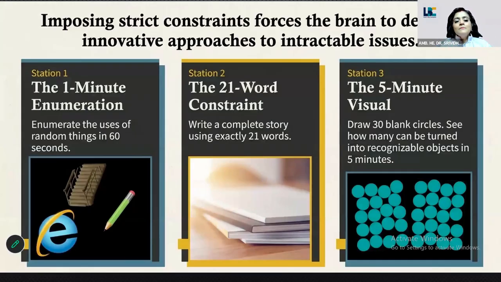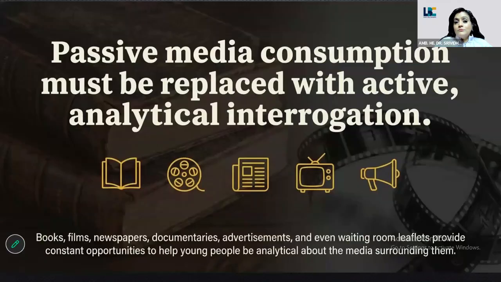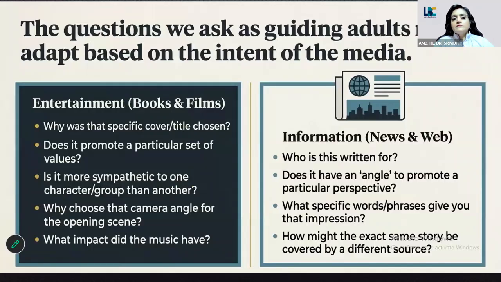So a 1 minute enumeration of random things that you see in 60 seconds. A 21-word story. Can you create a 21-word story? And 5-minute visuals. With all these circles, you have to create 5 objects. Will you be able to do it? So this is what creative thinking is all about. And passive media consumption must be replaced with active analytical information using books, films, newspapers, documentaries, advertisements, etc. And you can always use them in your classroom situation.